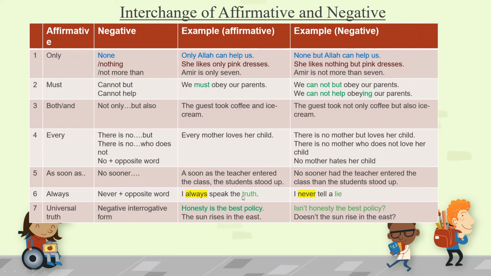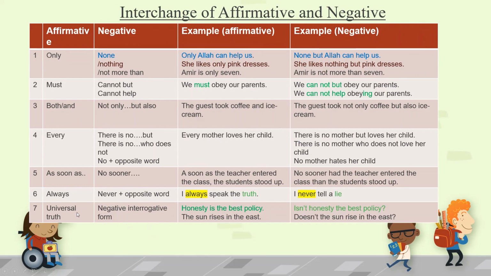So here truth is the word and the opposite of truth is lie. I always speak the truth, and the negative form of this sentence is I never tell a lie. Actually, always and never are opposite to each other, and truth is opposite to lie.